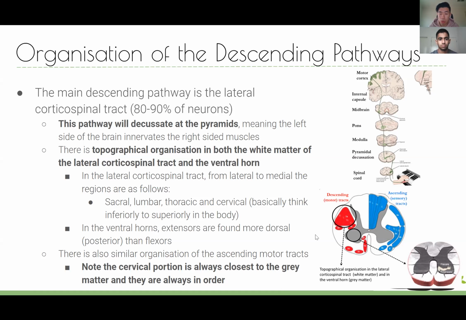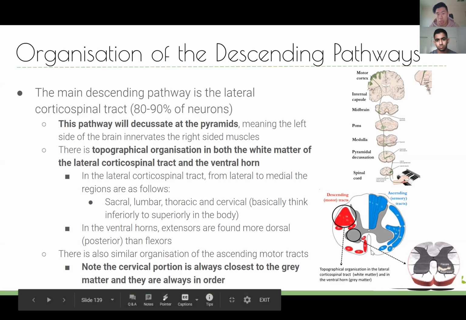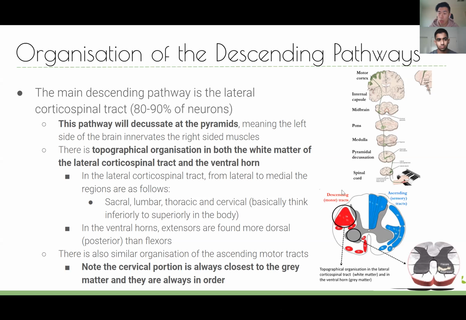In your ventral horns, extensors are found more dorsally, so the back side, and your flexors are found more anteriorly. So in this diagram, your extensors are at the back, your flexors at the front. And like I said earlier, it's the exact same organization for your ascending tracts. Whatever is closest to the grey matter will have your cervical, and then you work backwards to your sacral, and that's your organization there.